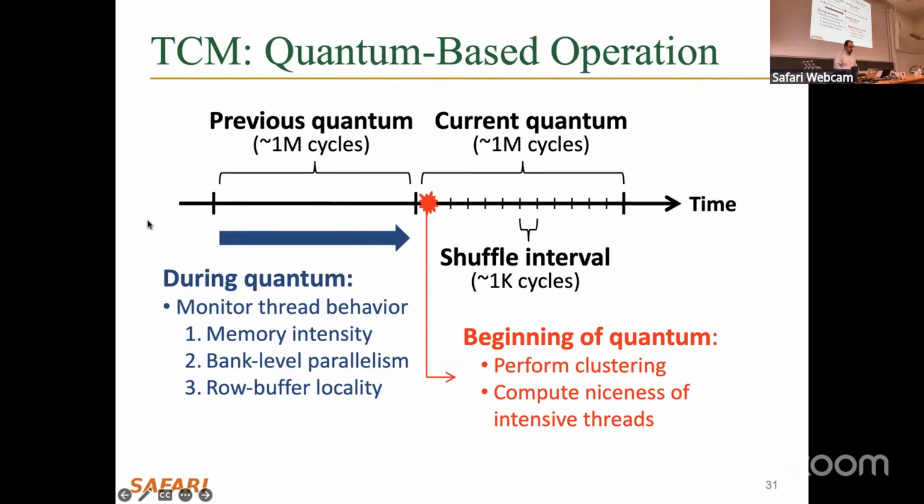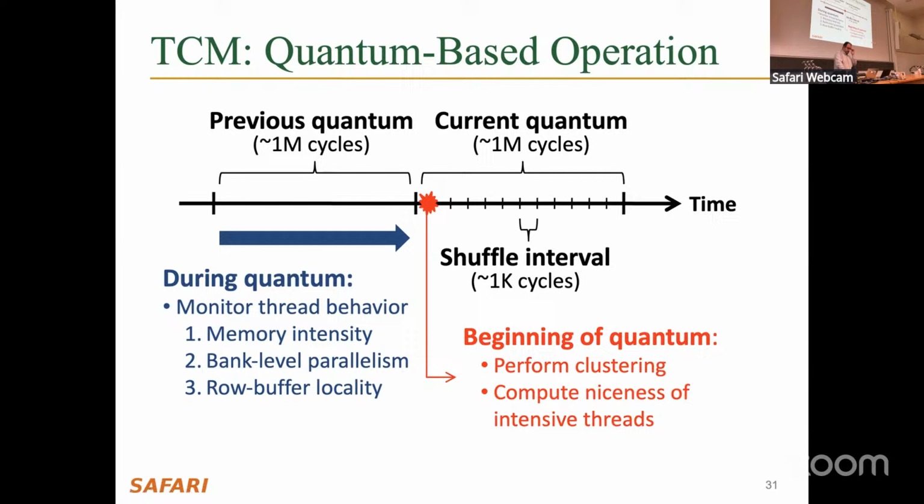Then we start scheduling and shuffling. But the shuffling happens at much shorter intervals, around 1,000 cycles. So within that quantum of 1 million cycles, you do a shuffle, wait around 1,000 cycles, and then do another shuffle. This shuffling happens based on the niceness of the threads.